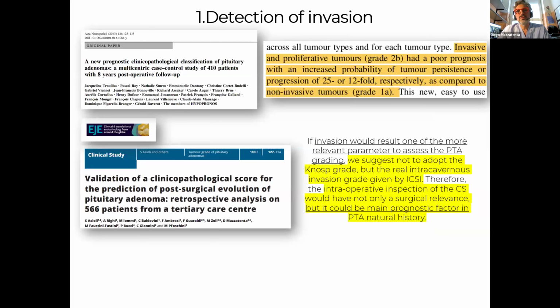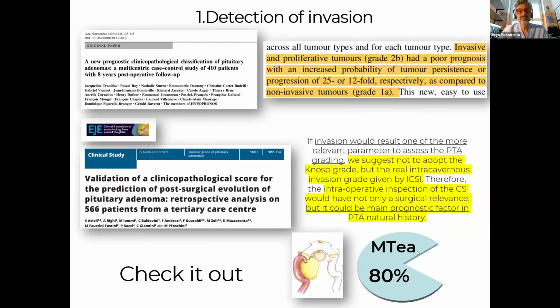If you're in front of a patient affected by an infiltrating pituitary adenoma, infiltrating the cavernous sinus, the natural history is completely different from a tumor not infiltrating the cavernous sinus. And detection using the endoscopic approach is the most important way to achieve this information. But don't forget, in 80% the midline transsphenoidal approach is enough.